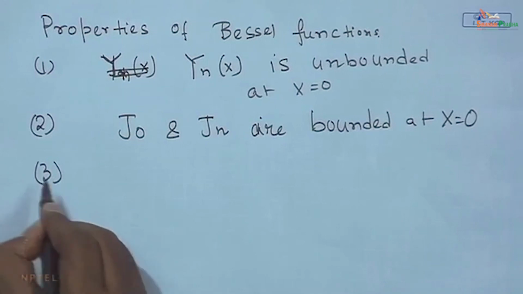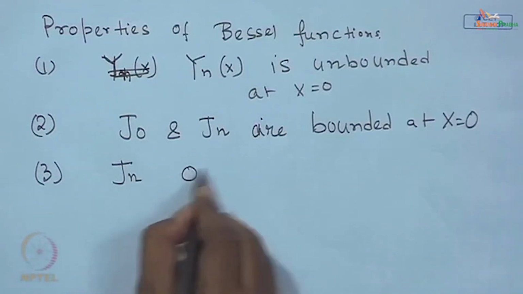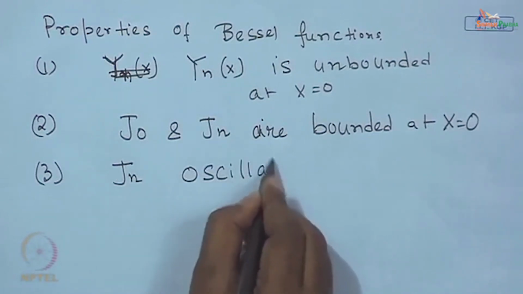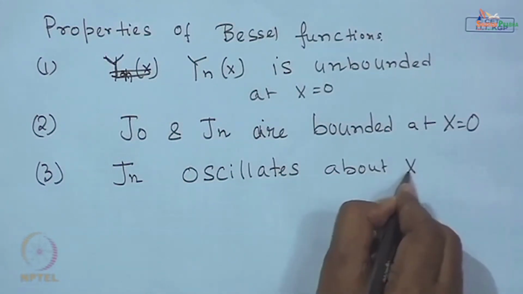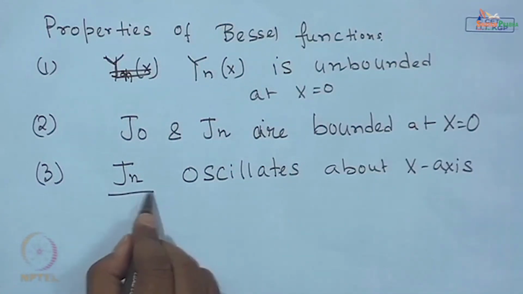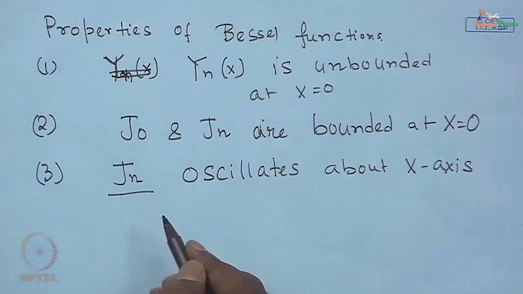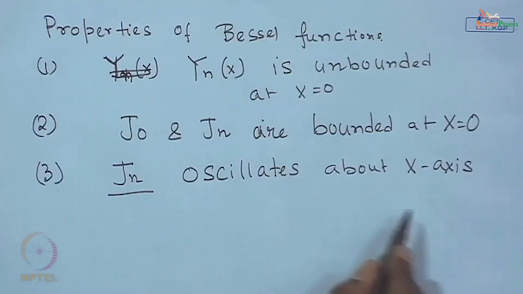The third one is that J n oscillates about x axis. This is a very important property, like the trigonometric functions sine function and cosine function. In fact, tan function does not oscillate, but the sine and cosine functions oscillate about the x axis. Similarly, J n oscillates about x axis.